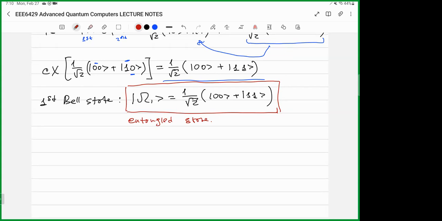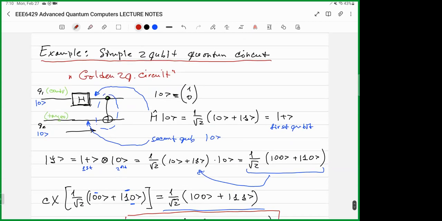My initial state was 00, but after application of this quantum circuit, I've got the most entangled state, which is the Bell state.